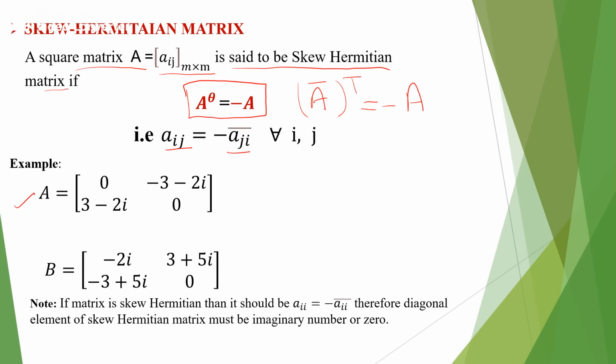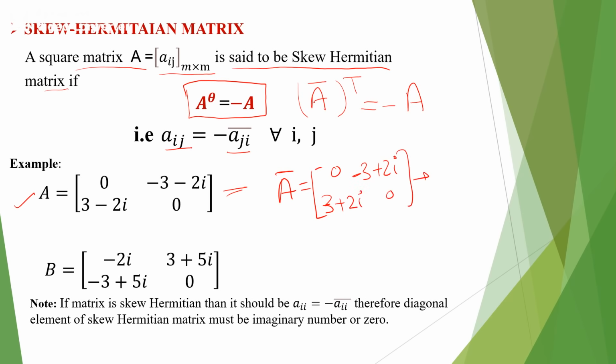The matrix A is skew Hermitian because if we take the conjugate of the matrix, we get 0, 3 minus 2 iota and 3 plus 2 iota and 0.